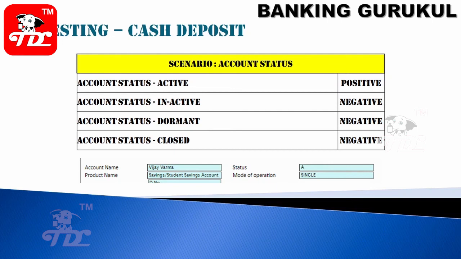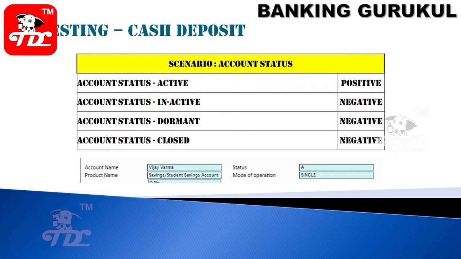In my scenario, I am doing a cash deposit to an active account. It is a positive scenario and will be successful. Cash deposit to an inactive or dormant status account is a negative scenario, because from one organization to another, different functionality will be applied for these scenarios.